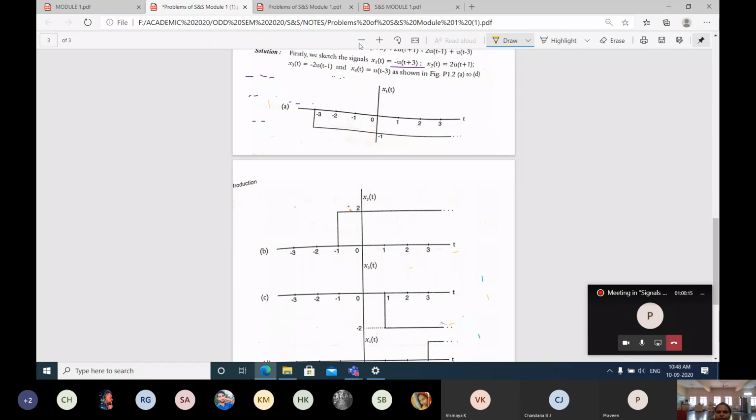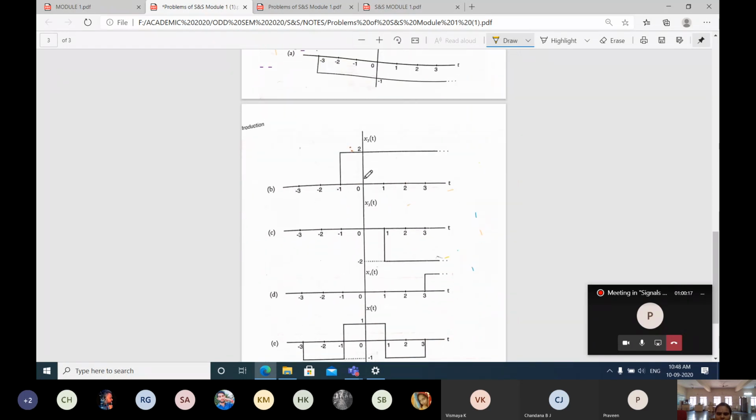To do that, observe here how to do it. First you fix the range in the x-axis. What is the last range on the negative side? Last range is what? -3, right? First in the x-axis, observe where I am showing.